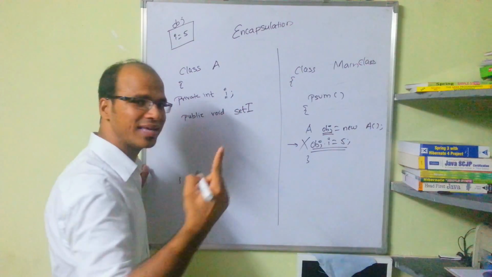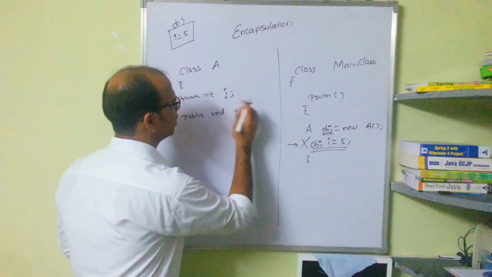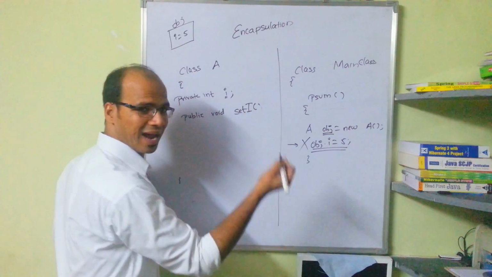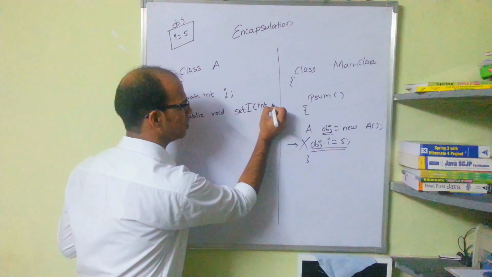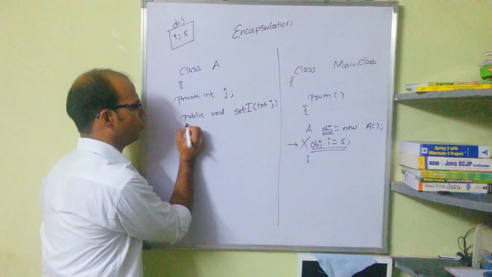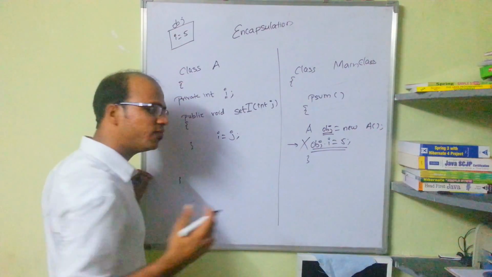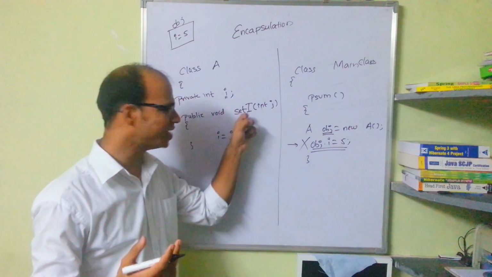Since it is only one character, it's I. In this method we will pass a variable j, and we'll say I equal to j. So I have created a method called setI.